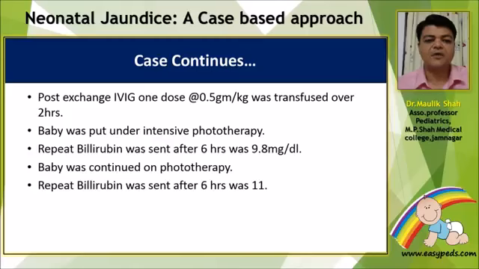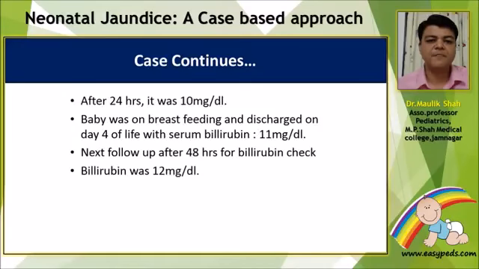The baby was put under intensive phototherapy. A repeat bilirubin was sent after 6 hours, which was 9.8 mg per deciliter. Baby was continued with the same intensive double surface phototherapy. Repeat bilirubin was sent after 6 hours, which was 11. After 24 hours, it was 10 mg per deciliter.